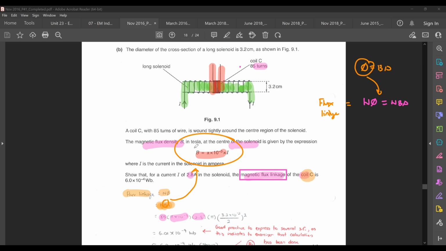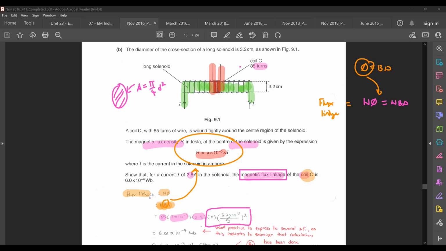And then right now, the area for coil C, notice that there's 2 pi here. Why is there 2 pi here? It's because you're talking about the area of coil C. Area is actually pi over 4 d squared. That is actually what you have over here.